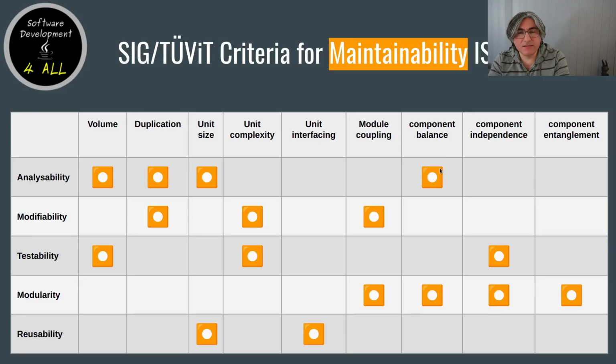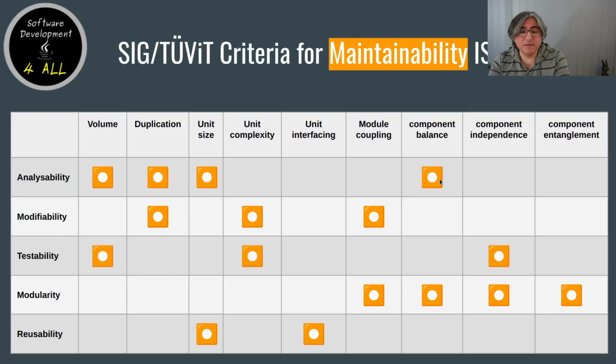A component balance basically says that the volume of the code is in one place. So if all your logic is in one place, then it's harder to analyze. Probably it's going to be a bit more complex, very big, and every change impacts everything.